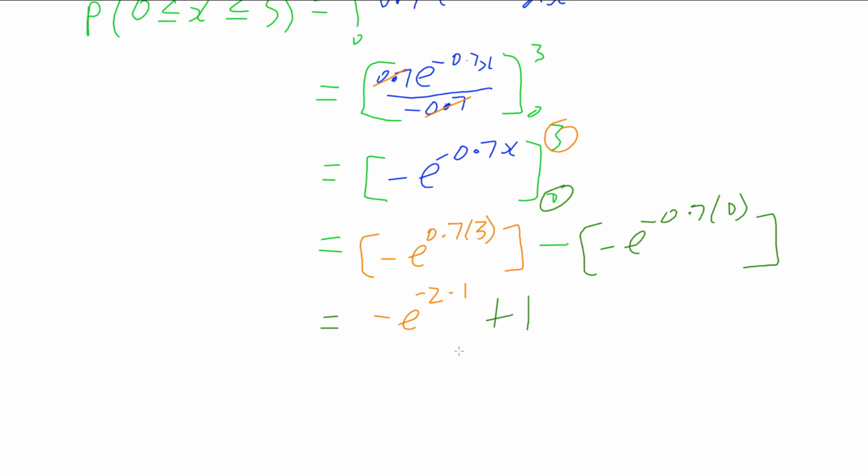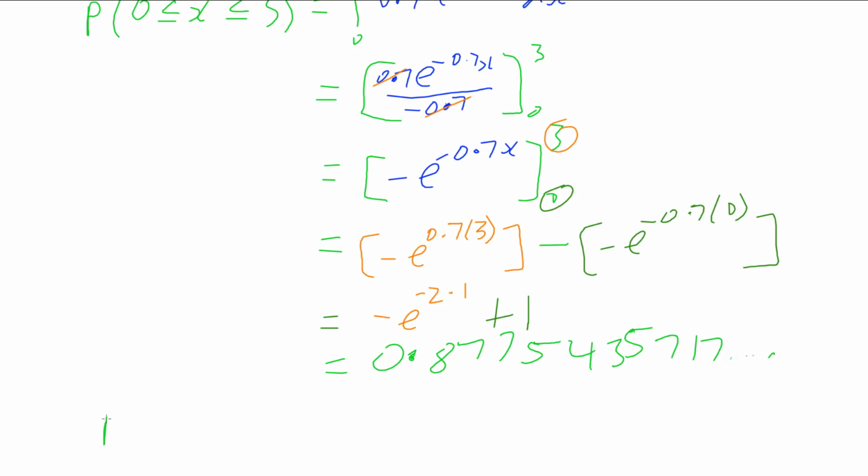And then if we work that out in a calculator, our probability is going to be 0.8775435717, and the decimals just keep going.